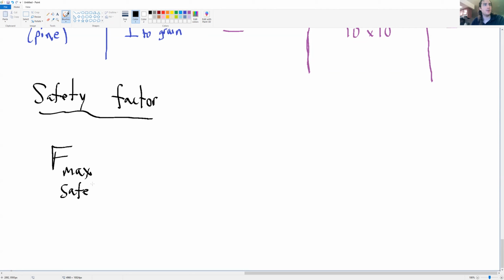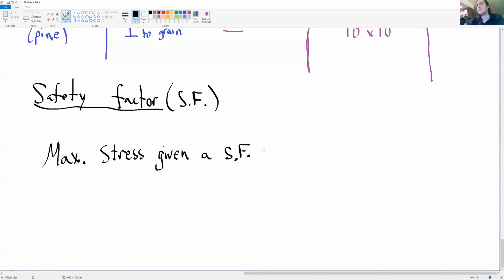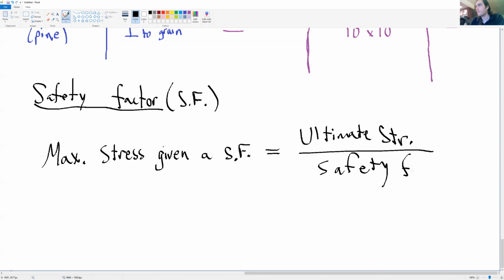So the maximum stress given a safety factor, abbreviated SF, not San Francisco, but safety factor, is the ultimate strength divided by the safety factor.